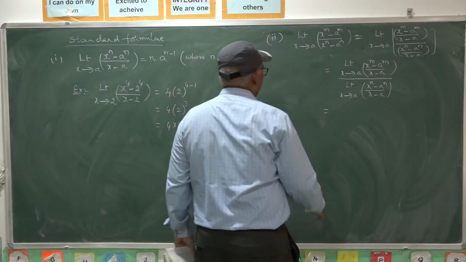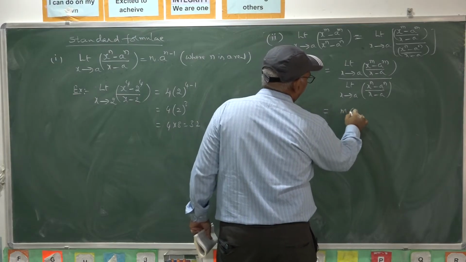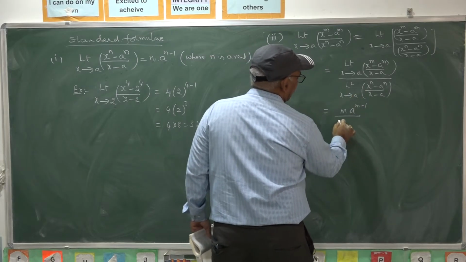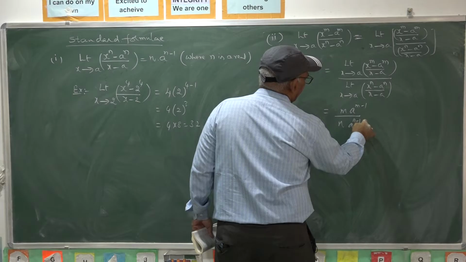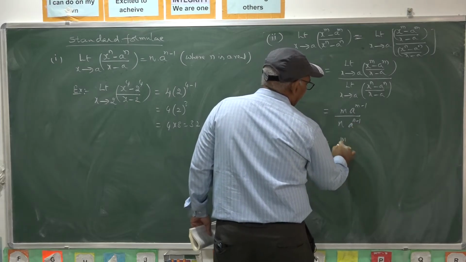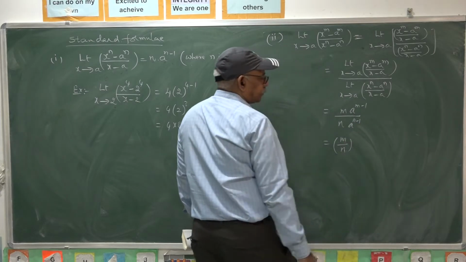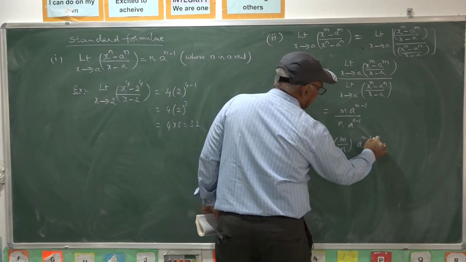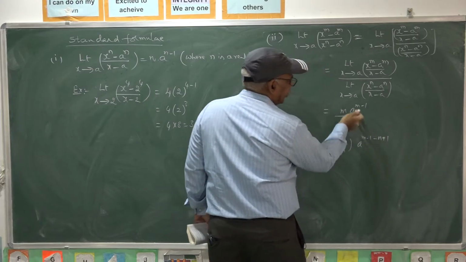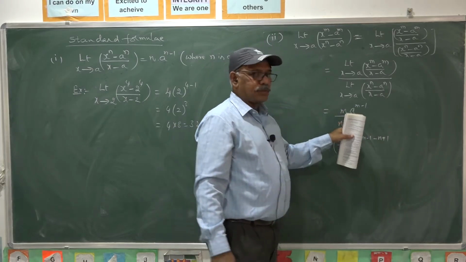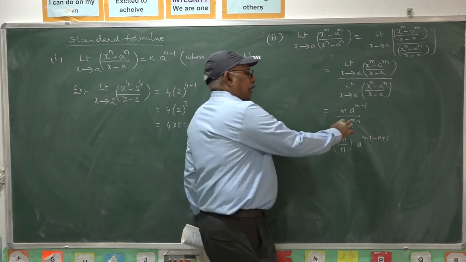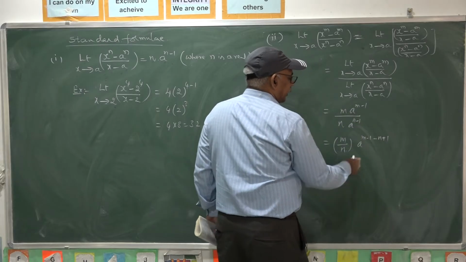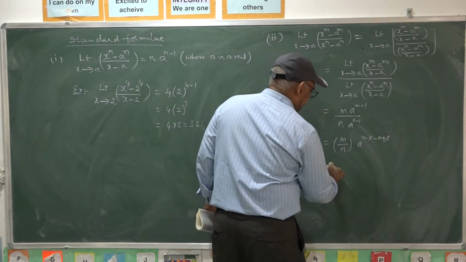So, limit as x goes to a, (x^m minus a^m) by (x minus a) is by that formula m into a^(m minus 1). In the denominator also, applying that formula, n into a^(n minus 1). So, on simplification this is m by n, collecting a powers here, a^(m minus 1 minus n plus 1). Once you raise the a^(n minus 1) to the numerator, the power n minus 1 becomes minus n plus 1, so that this one gets cancelled.